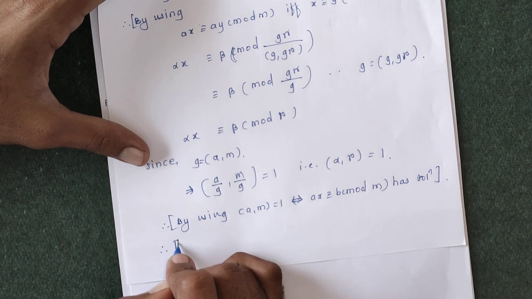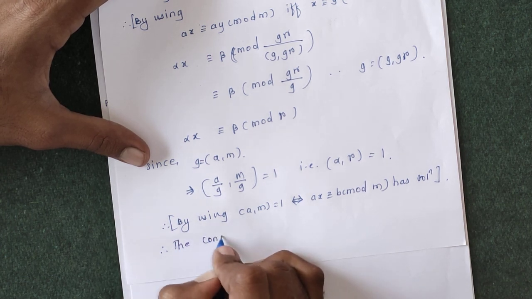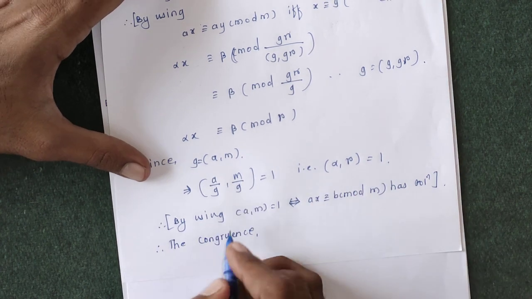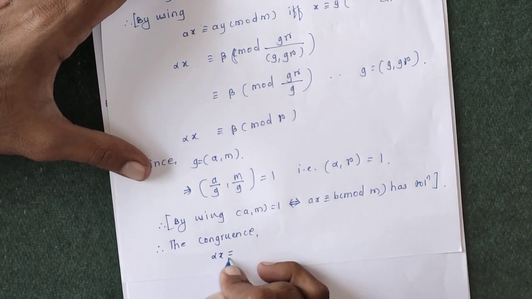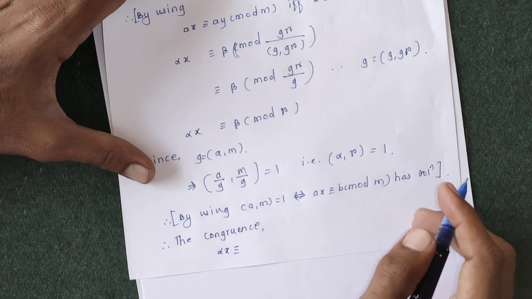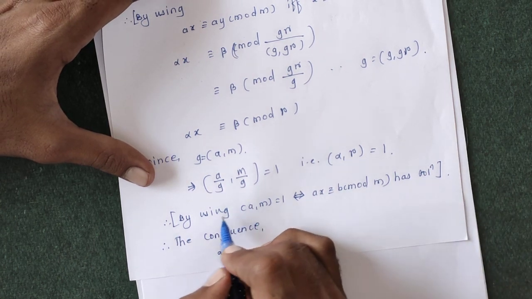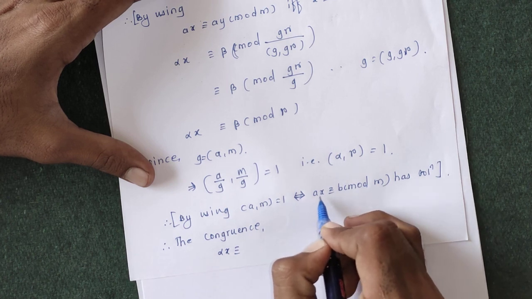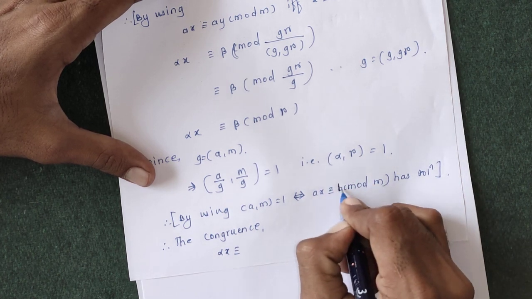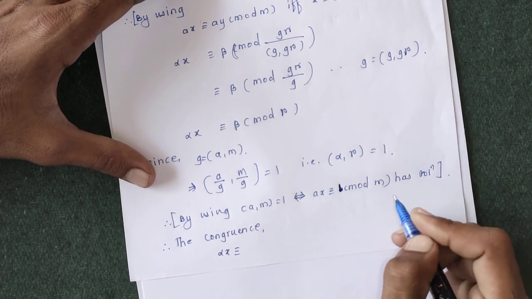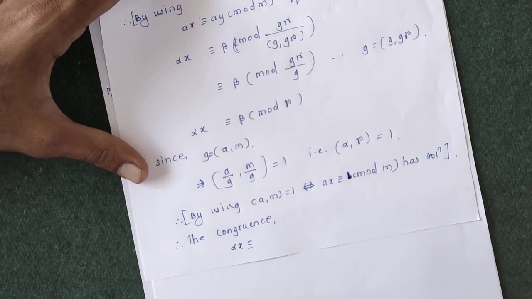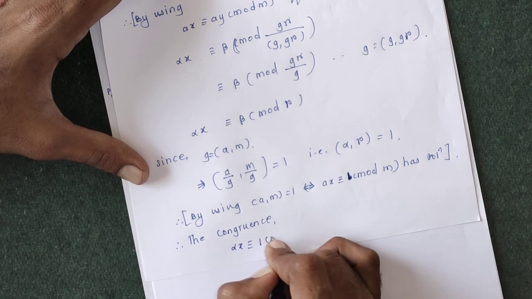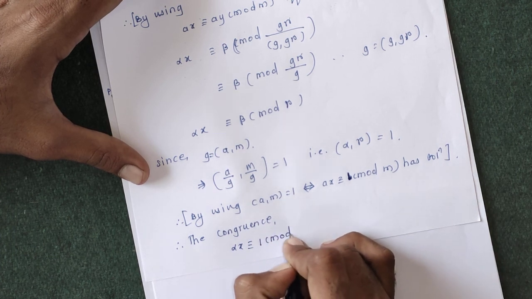Therefore the congruence alpha x is congruent to, our result was, if GCD of A and M is equal to 1, then AX is congruent to 1 mod M has a solution, not B. So this alpha x is congruent to 1 mod gamma has a solution.